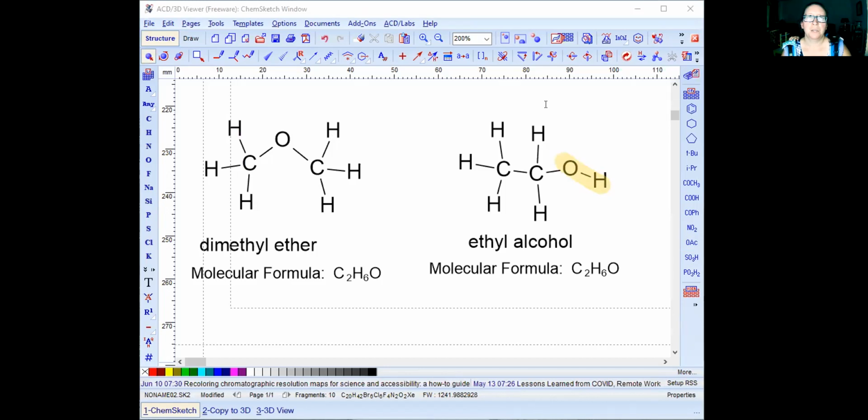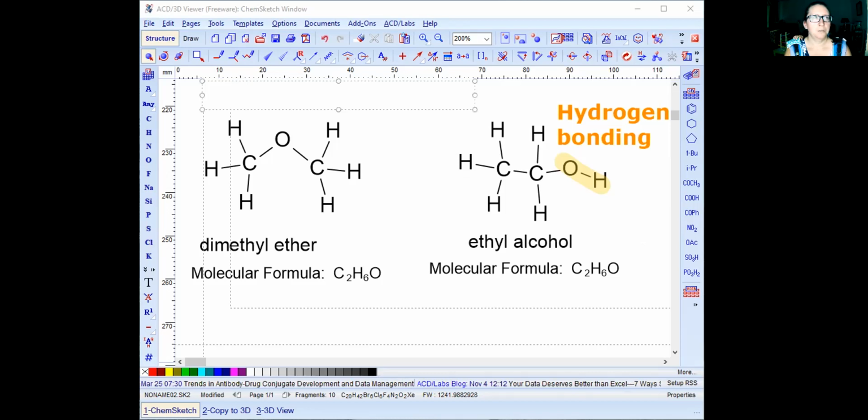So ethyl alcohol is able to engage in hydrogen bonding, and hydrogen bonding is a strong interaction. We would say that the molecule on the left has only London forces.